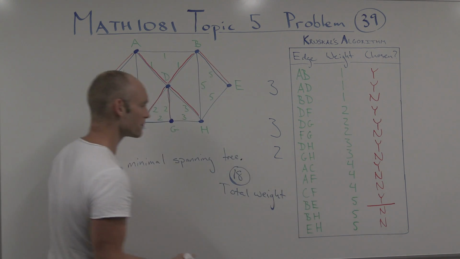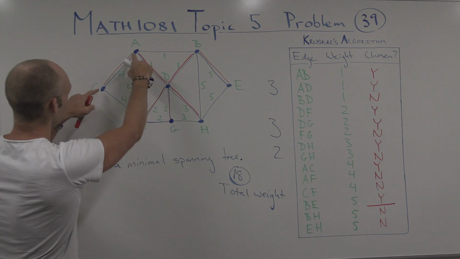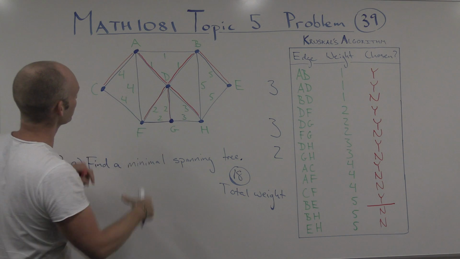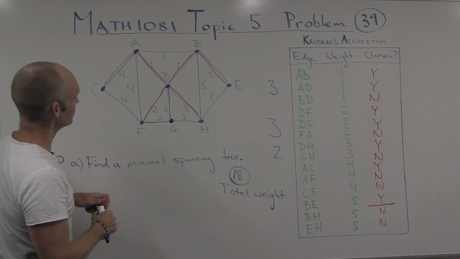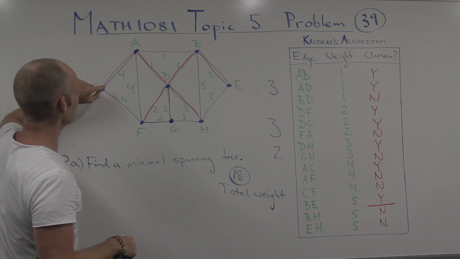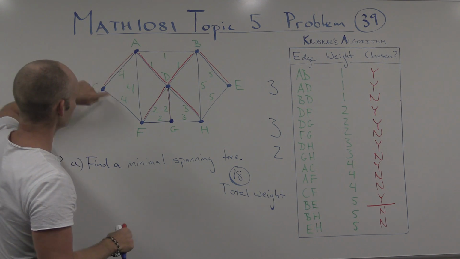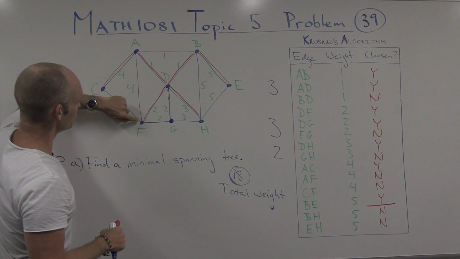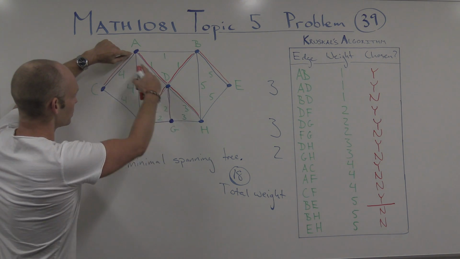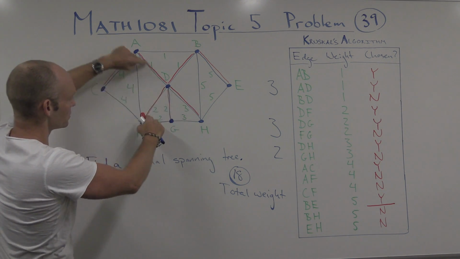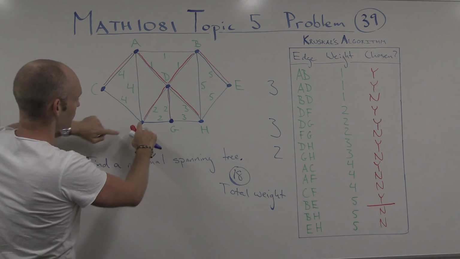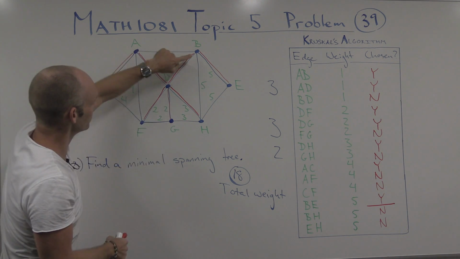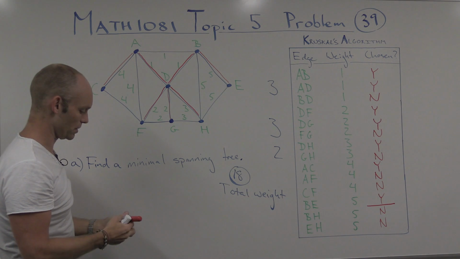And for the ones with 4, we have these ones here, but we can actually only choose this one or this one. We won't be able to choose this one because that would give a circuit either with this choice of the red ones, or if you had chosen this one or this one in your tree.